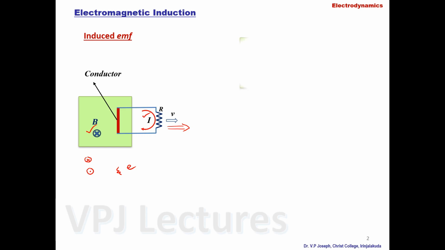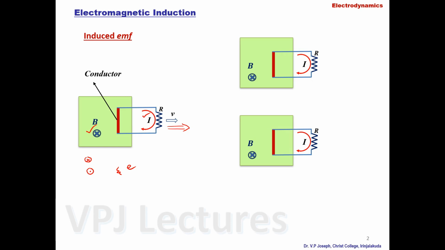Now, this type of induced EMF is also possible in some other cases. Two more cases are shown here. In the second case, we are moving the magnetic field away from the circuit, moving it backwards, but the circuit is stationary.